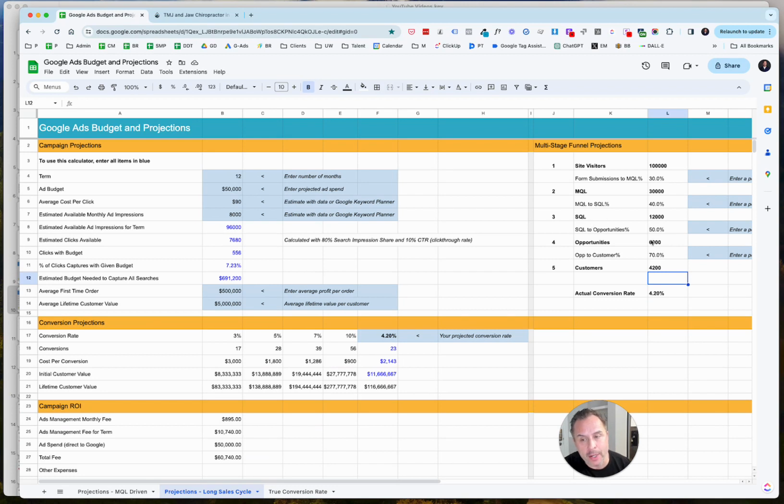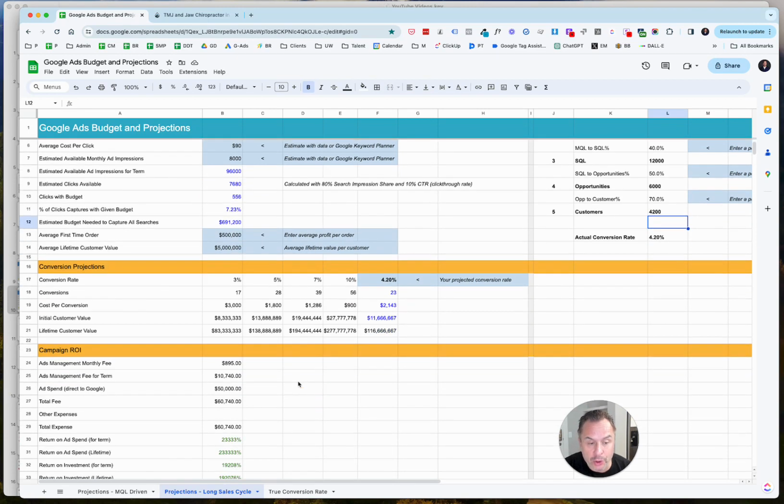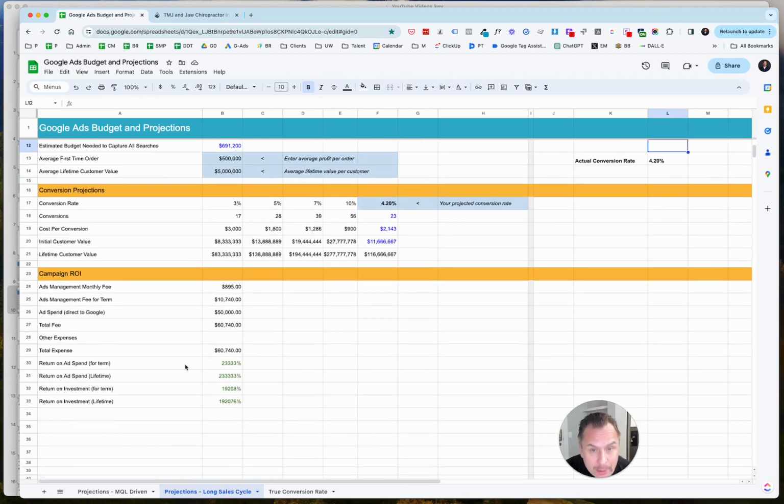But the gist of it is that it allows us to get an actual conversion rate and then plug those numbers into the spreadsheet and then give us projections as to what the return on ad spend would be. And the return on ad spend, not only for that term, but also the lifetime. So comparing it again to patient lifetime value, and then the return on investment, which adds in other expenses besides just your ad spend.